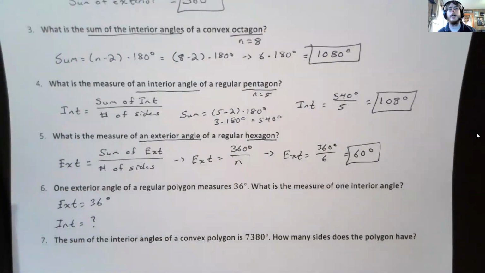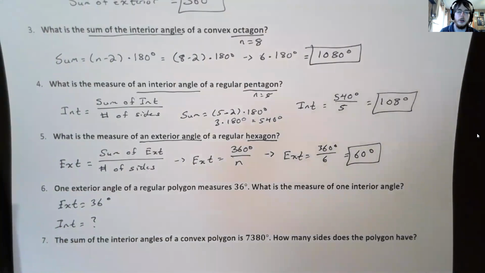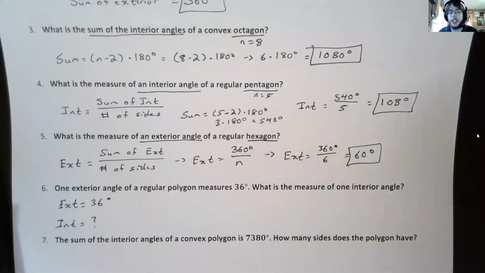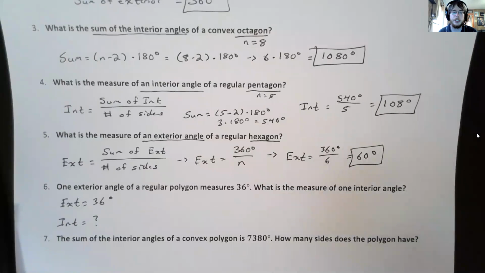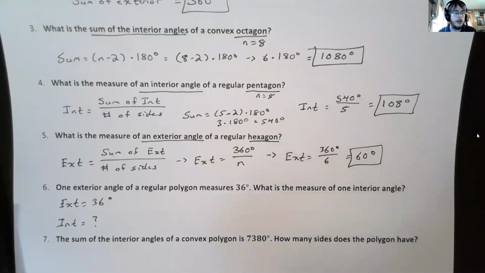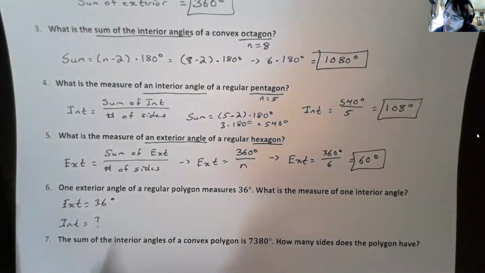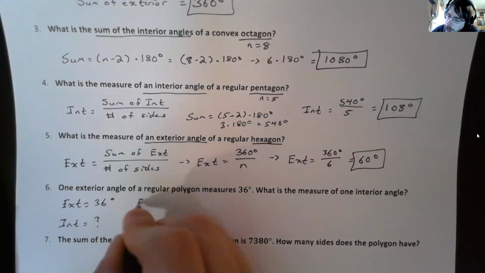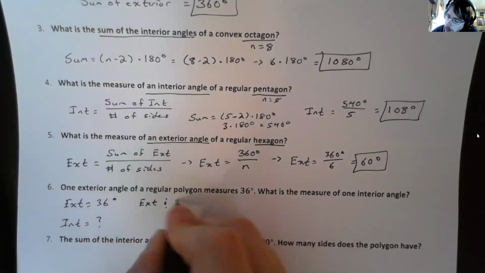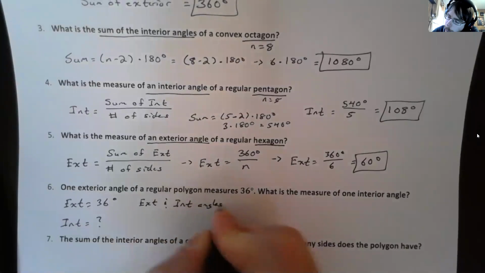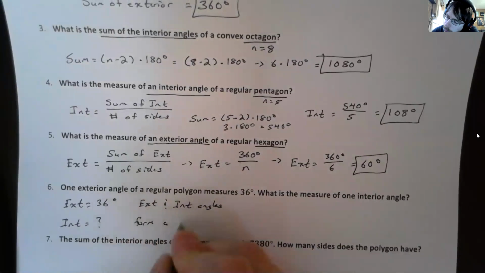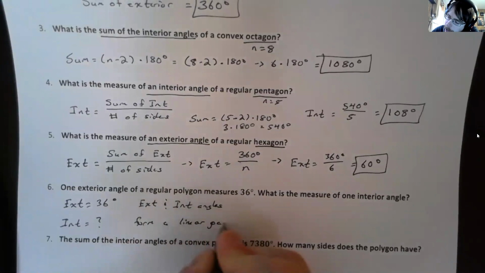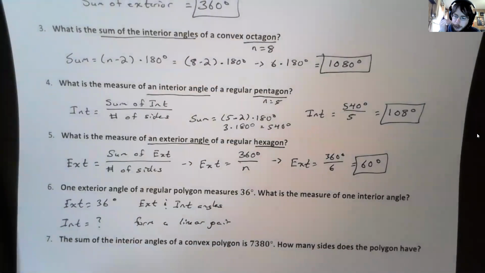Now, we talked about this a bit when we talked about exterior angles, and we found that exterior angles and interior angles had a relationship. And the way that exterior and interior angles were related is that they form a linear pair when they're paired together.